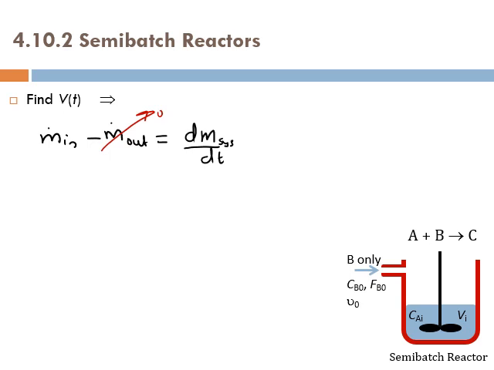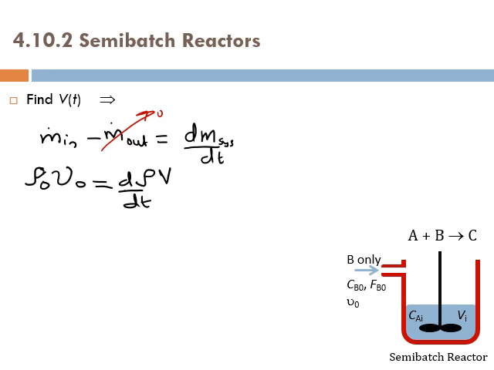How do we quantify the mass going in? Well, we can quantify it through density: rho naught times epsilon naught equals dm by dt. How do you quantify the m inside the system? Well, the mass inside the system is simply the density inside the system times the volume of the reactor, right? And we know the volume of the reactor is changing with time.